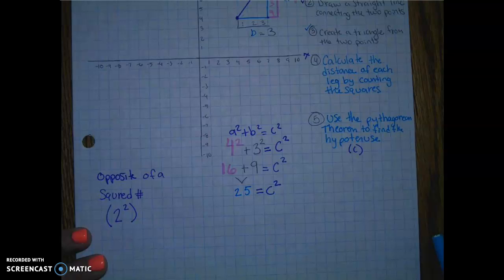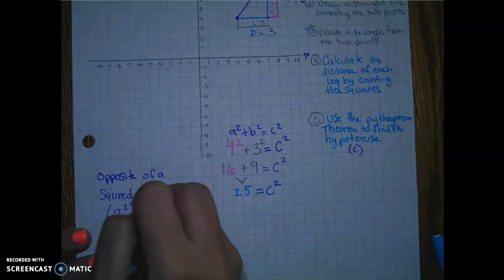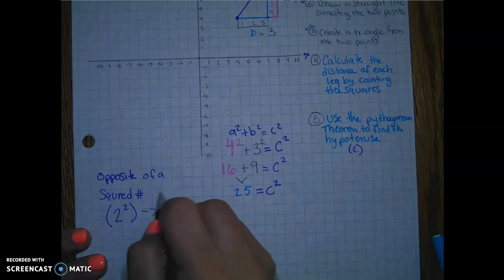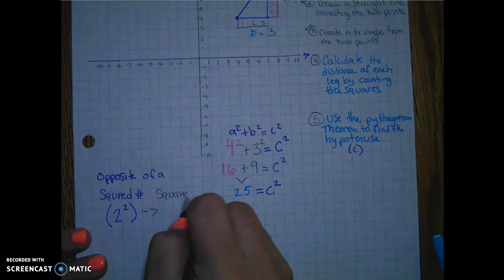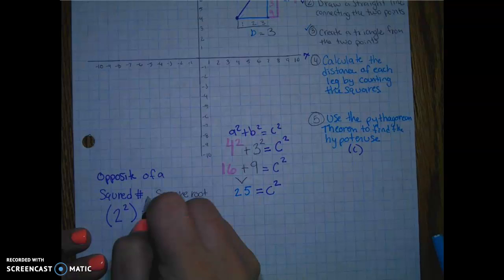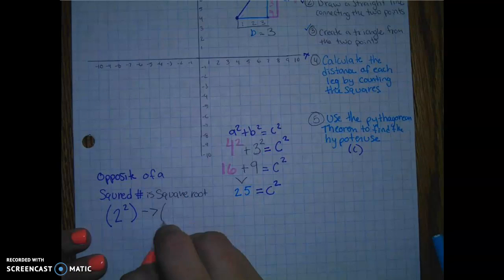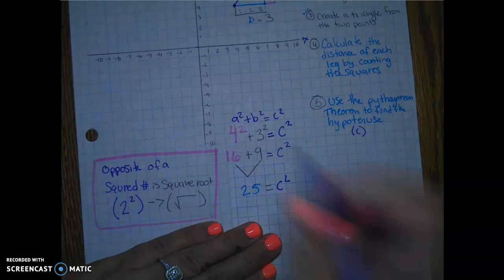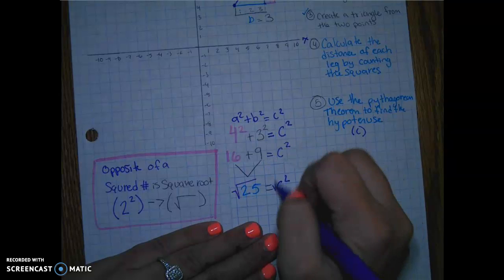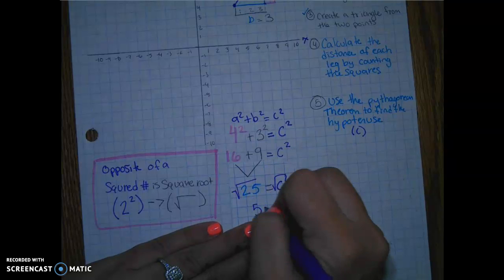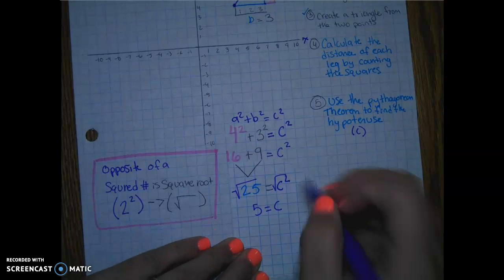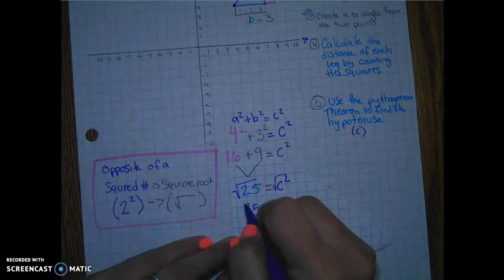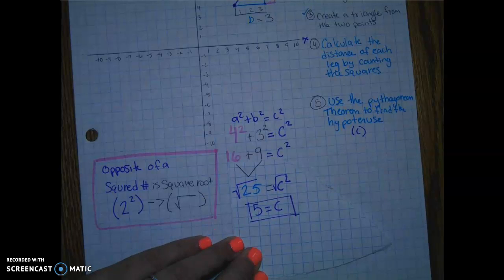The opposite of that is going to be square root. So the square root of 25 is going to be 5. If you didn't know this, make sure that you practice your perfect squares. It's highly important. Now get ready to do the rest on your own.